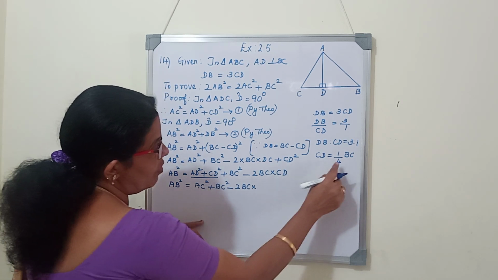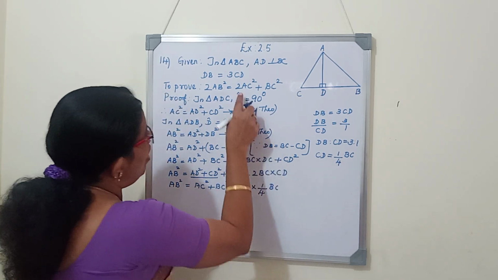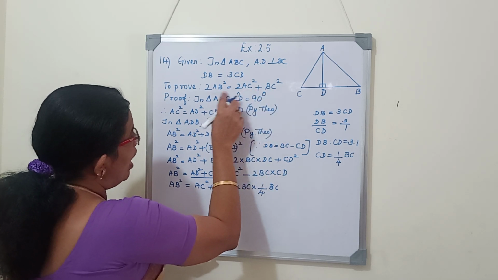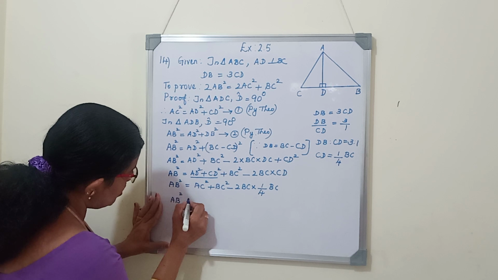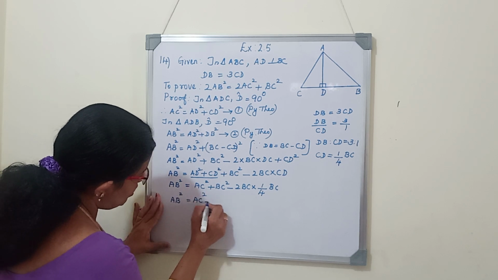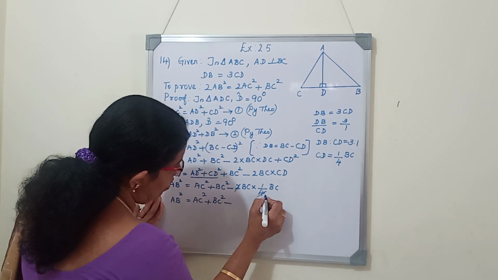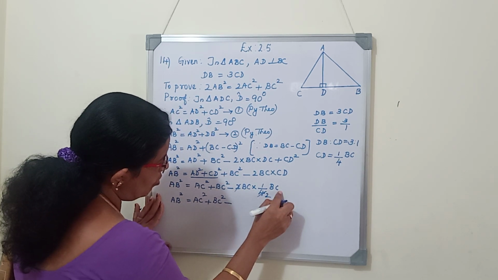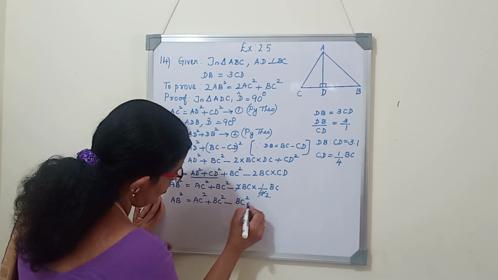So this CD we will change as 1 by 4 BC, because in the proof we have only BC, AB and AC. So now we will write AB square equals AC square plus BC square minus 2, and 2 and 4 cancel. We will get here 2, BC into BC, BC square by 2.